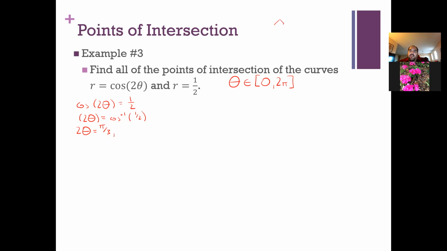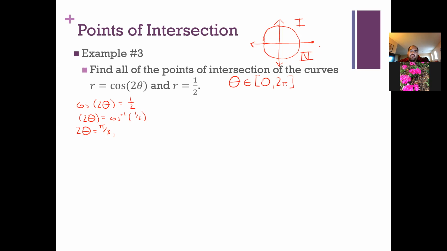Just a reminder here: what two quadrants is cosine positive in? Remember the cosine of an angle really just gives you its x coordinate.